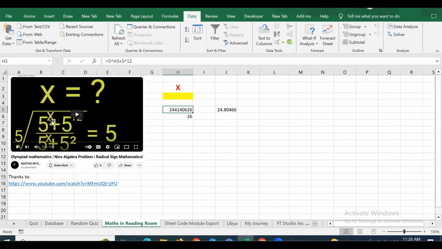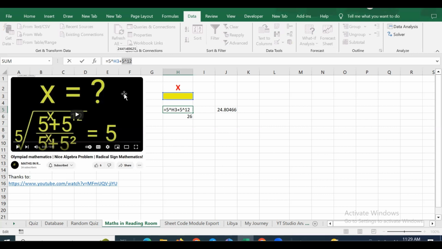First of all, we take this part, 5^x plus 5^12. This is written like this: 5 raised to the power x, that is H3, and then plus, and 5 raised to the power 12 is written like this.